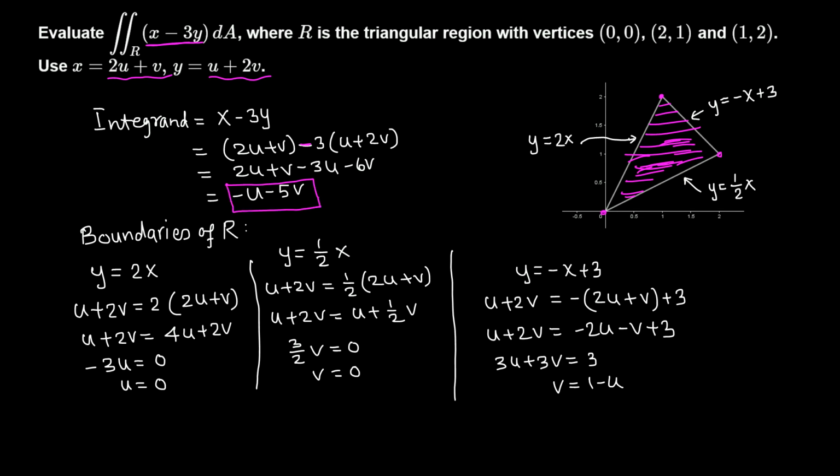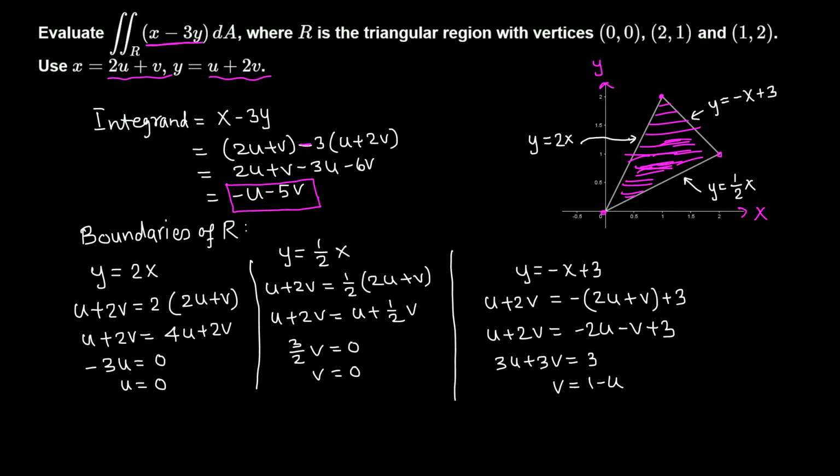Now we need to change this triangular region into the new variables u and v. This was in terms of x, y. We just look at the transformation of these boundaries. First, the line y equals 2x.